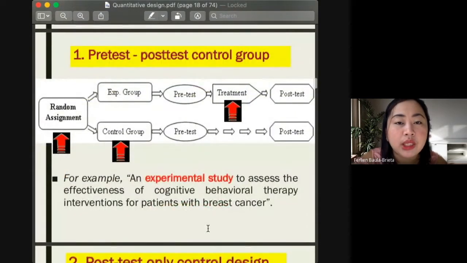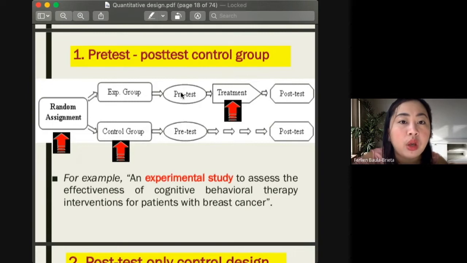Now, the pre-test, post-test control group. So we have here random assignment of our population or our animal. We have the experimental group and the control group. And we have here the pre-test, and for the experimental group, we have the pre-test, and for the control group, we have the pre-test.